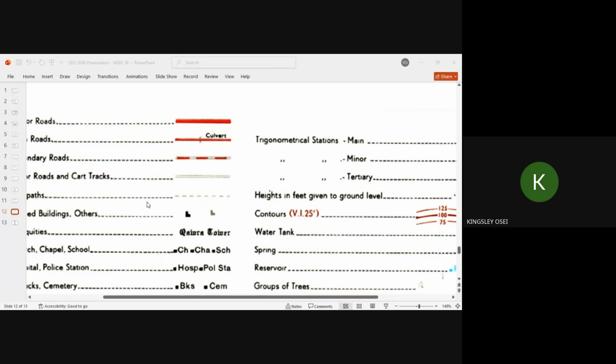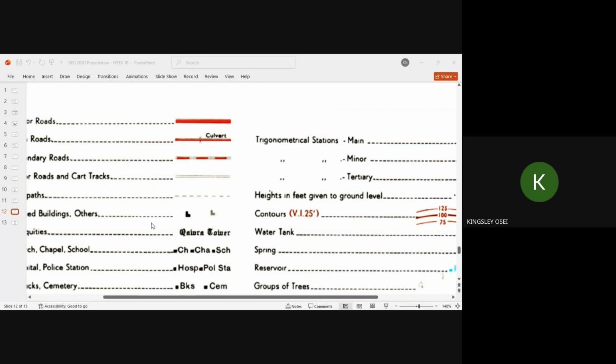As for the types, conventional signs appear in different forms. Examples of some of these are the line symbols. That is, the picture is a line representation, like roads, or just the outline of buildings.